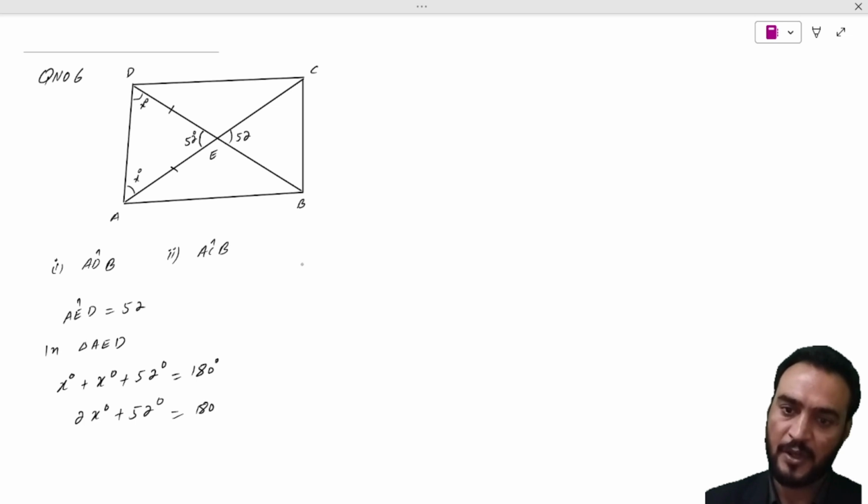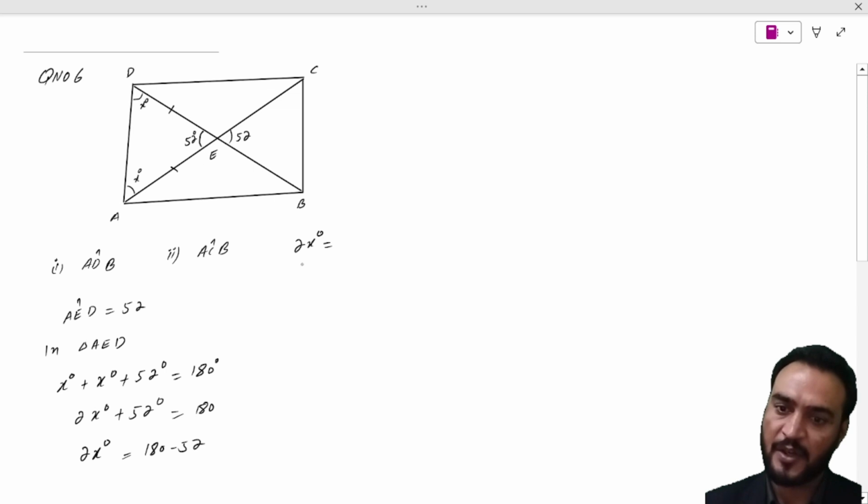We subtract 52 degree from 180, so 2x degree equals 180 minus 52. Now 2x degree equals 128 degree, and hence we get the value of x degree by dividing 128 by 2. Now the value of x degree is 64 degrees.